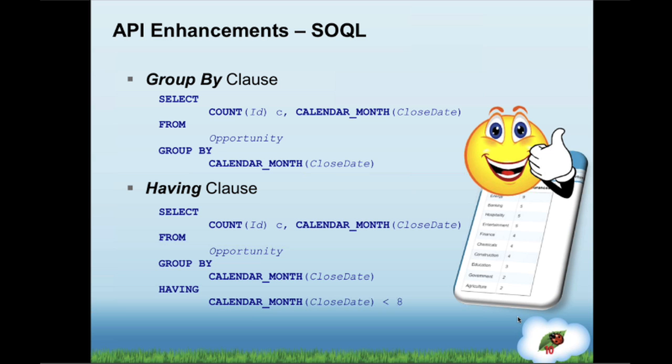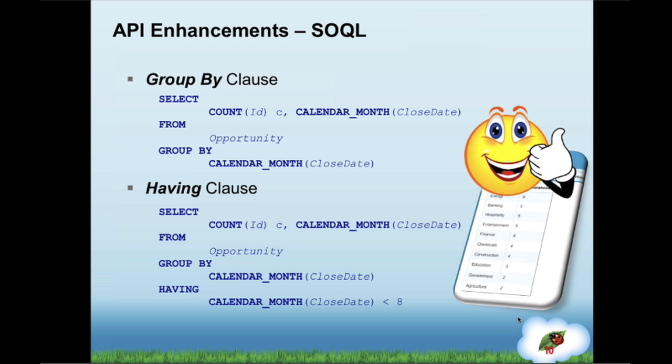So the group by clause allows you to begin to, as you would in the database, roll up some values and group them together. The way this works is we include an aggregate function, in this case count, and then we'll go ahead and leverage our calendar date on here, select it from opportunity, and then group it by month.